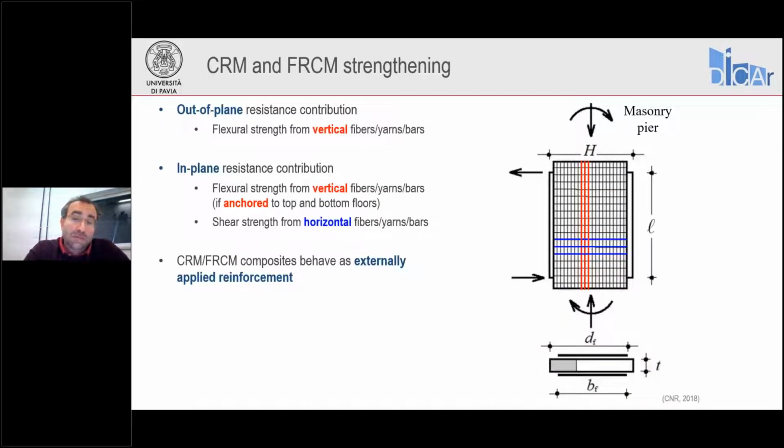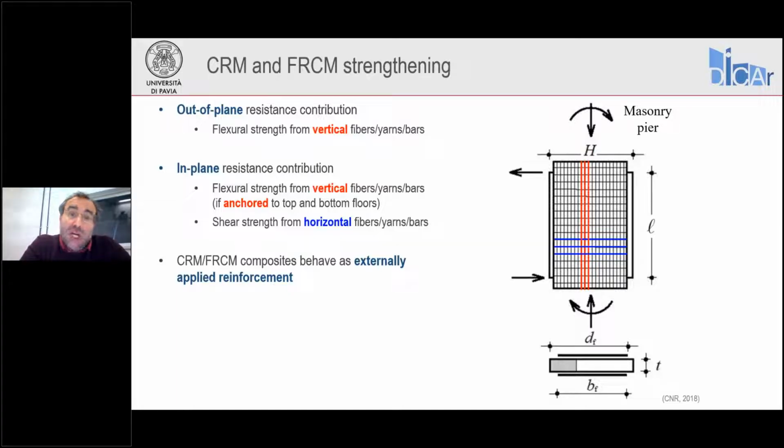In both cases, the intervention can improve the out-of-plane response of these walls, especially against vertical arching, thanks to the vertical fibers or yarns or bar, if we talk about composite mesh. They also improve the in-plane response of the masonry elements.